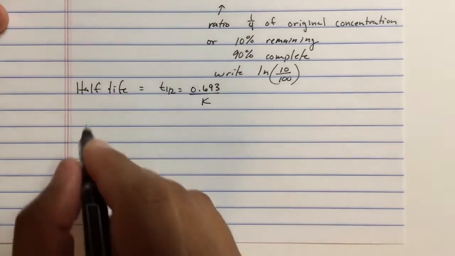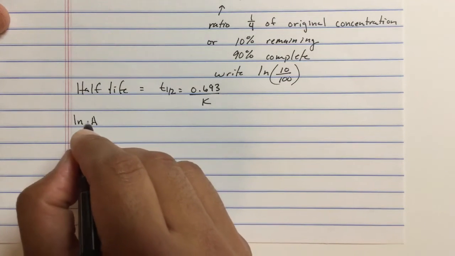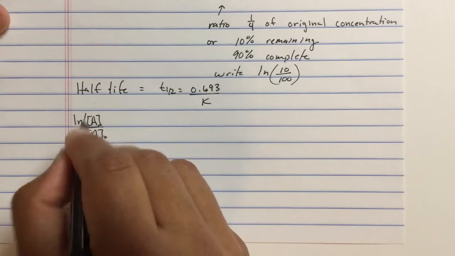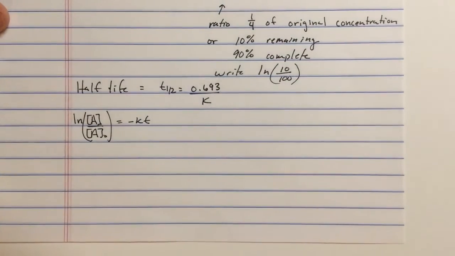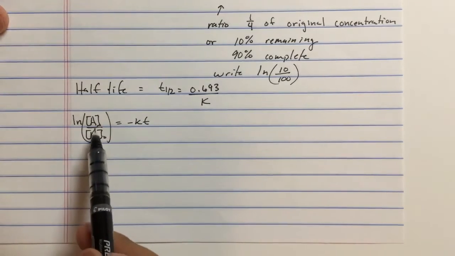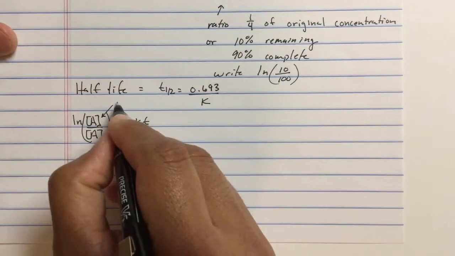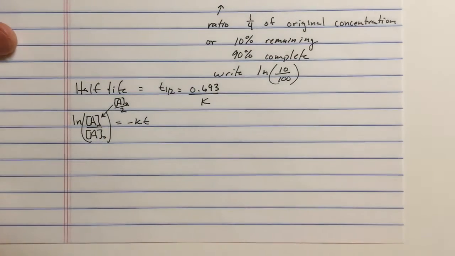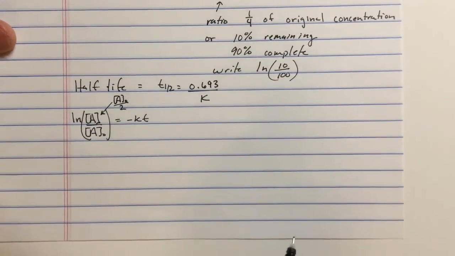So if we go to our integrated rate law, remember, we want to know when this value is equal to A naught over 2, 1/2 of the initial concentration, when the initial concentration gets cut in half.